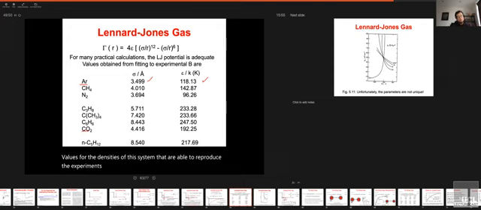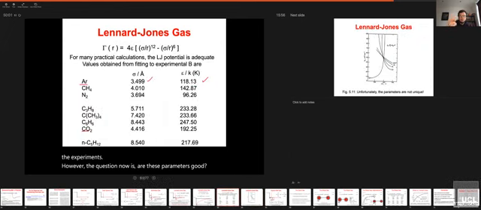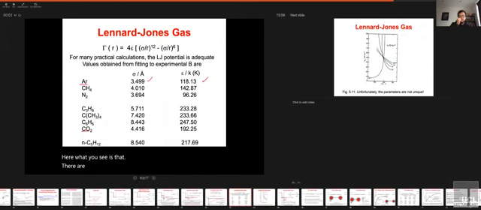However, the question now is, are these parameters good? Well, here, what you see is that there are two parameters, and you can do one experiment at a given temperature. So if you have many, what you can do is select one parameter, say the sigma. You take experimental data at 300 Kelvin.